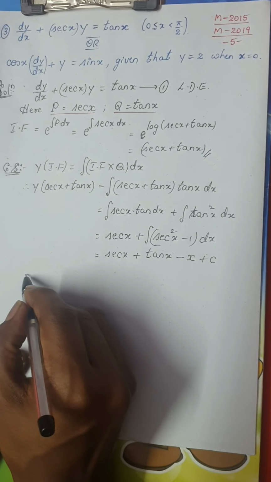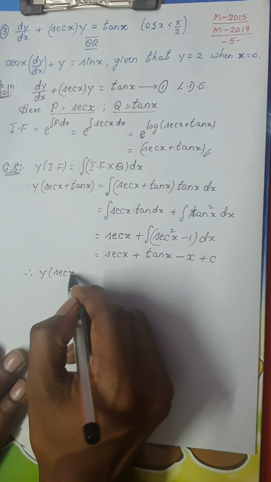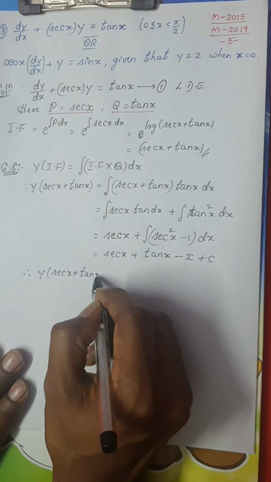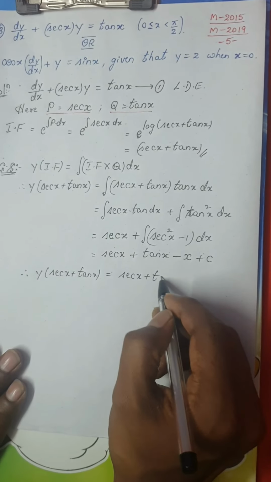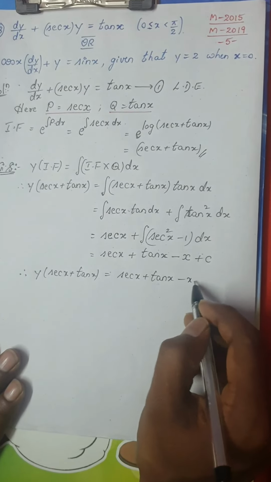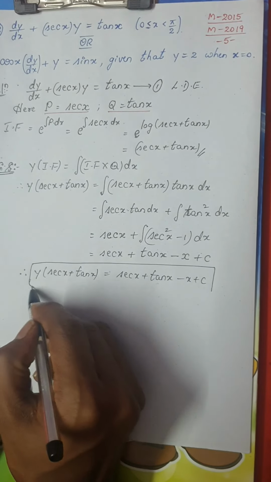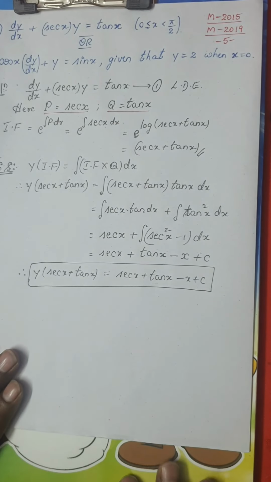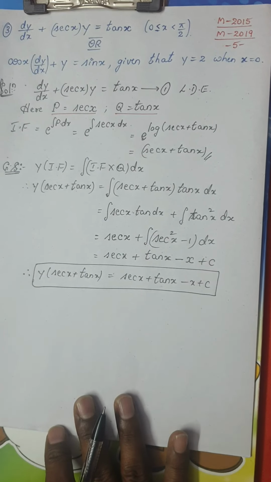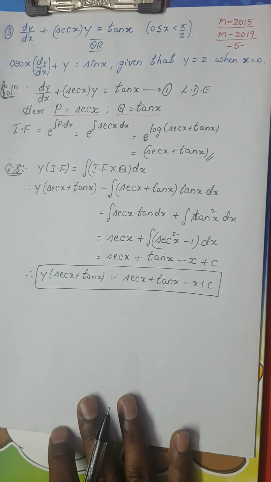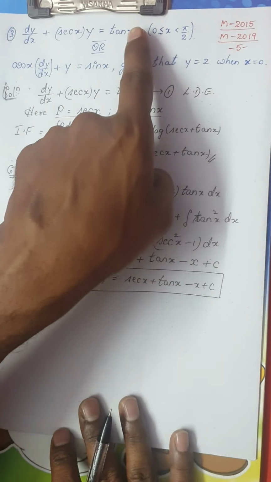Therefore y into secant x plus tan x is equal to secant x plus tan x minus x plus c. Frame it, because this is the general solution. Very easy questions these are, students. Please don't make the mistake of skipping this, particularly when you are good in integration. So you can stop here and say this is the required solution if this question is given.